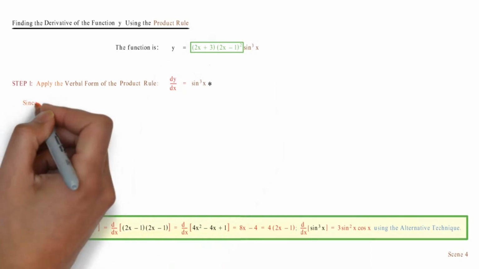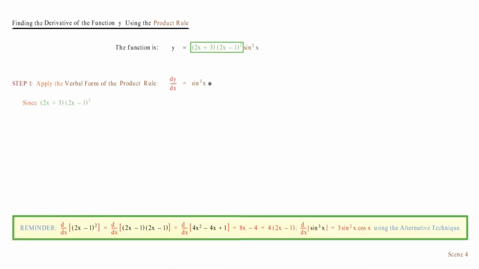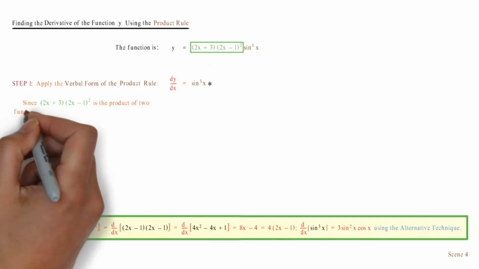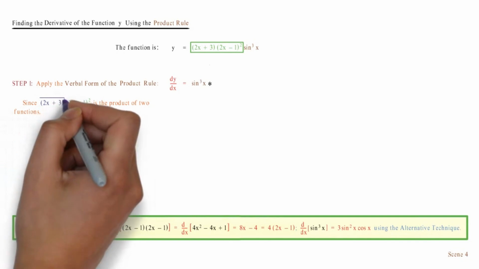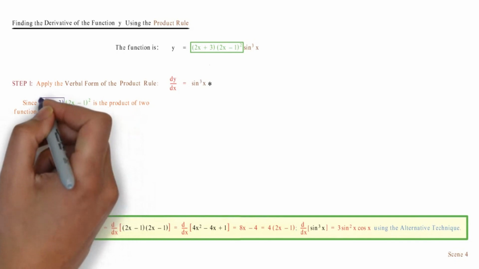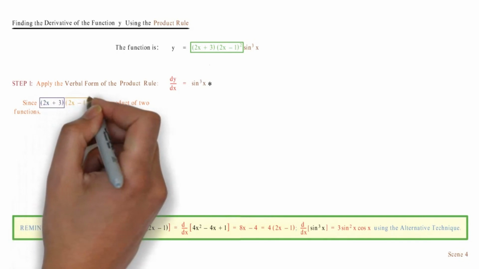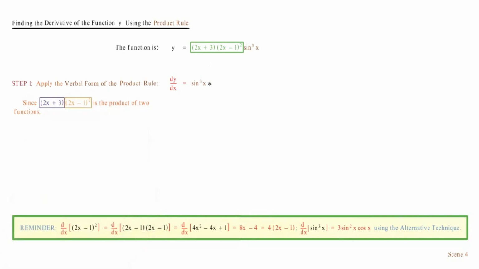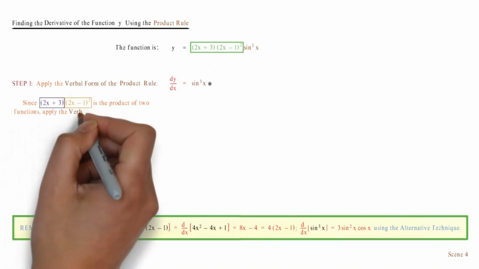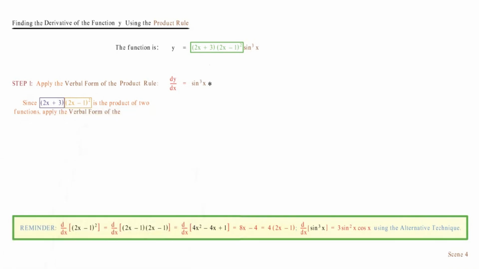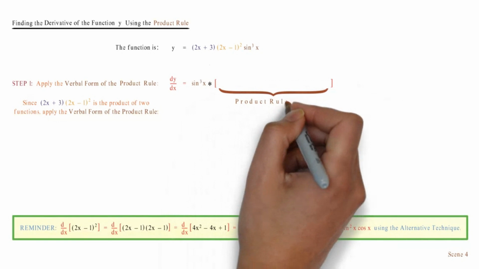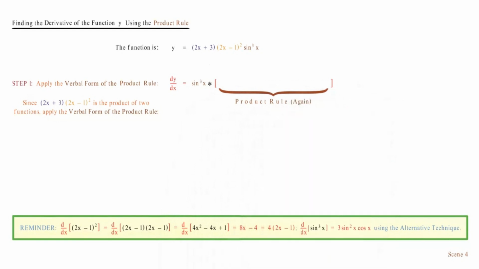However, since this expression is the product of two functions, 2x plus 3 and 2x minus 1 all squared, apply the verbal form of the product rule again.